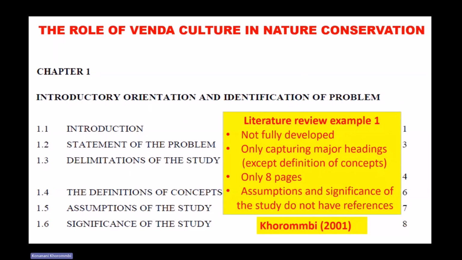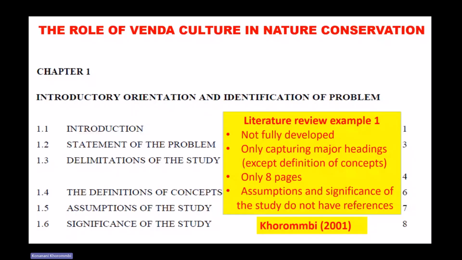You might have also seen that sections 1.1, 1.2 and 1.4 are where we had literature use. But in this chapter, literature was not fully developed. This is the reason why the chapter is also short.